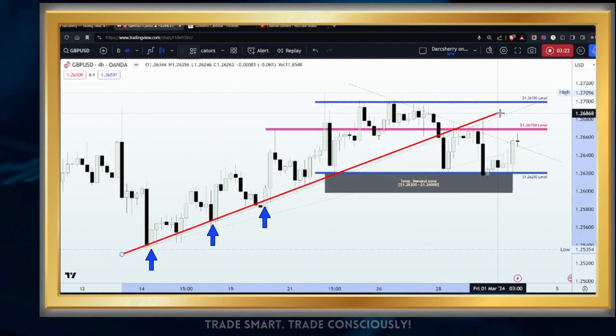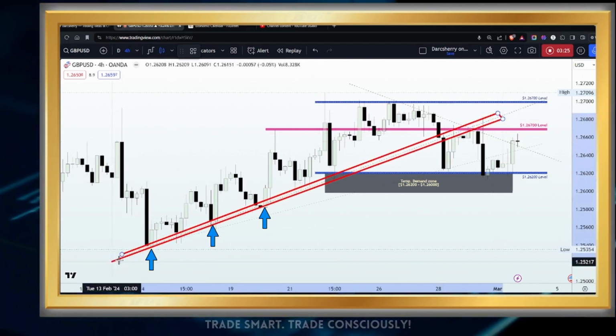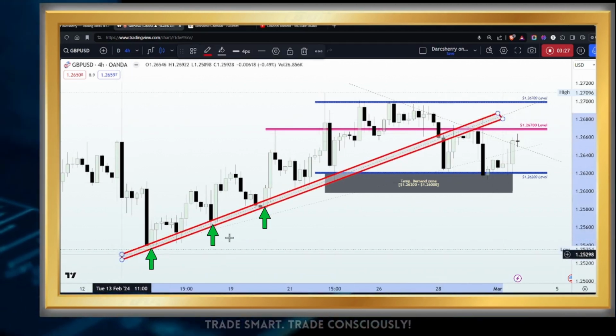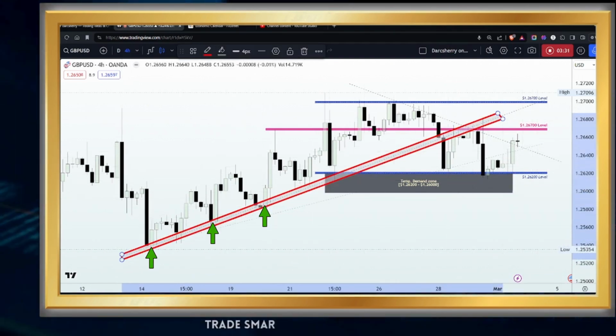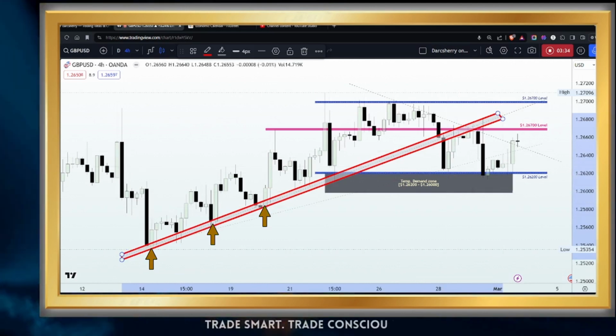I have a major one right here, and then another one right here, which is the light one you're seeing right below. But the fact is, price action has been very bullish in the last 2 weeks.